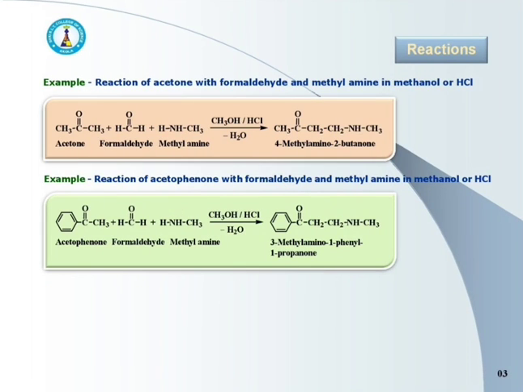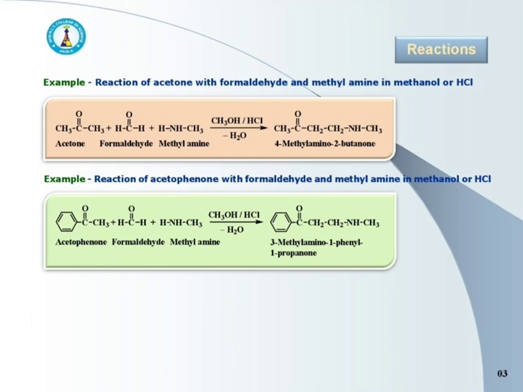Instead of secondary amine, we may use primary amine in Mannich reaction. Examples of that are reactions of acetone and acetophenone with formaldehyde and methylamine, that is the primary amine.